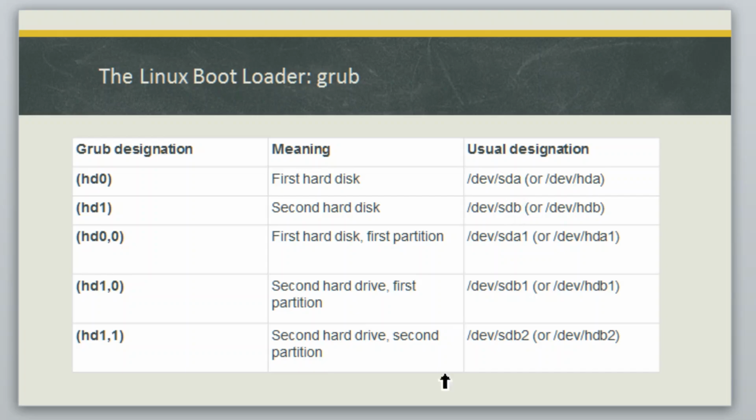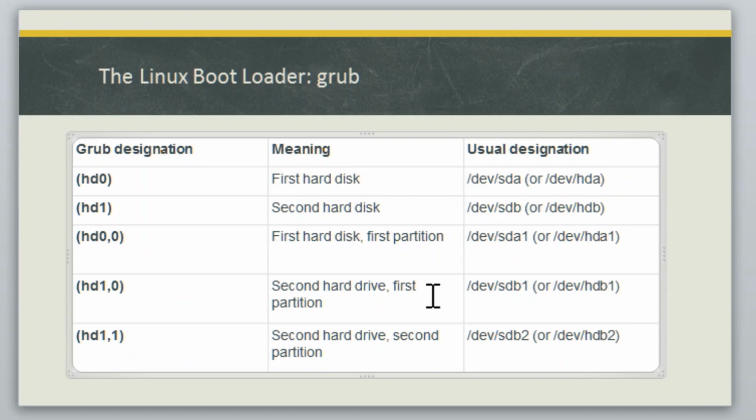Now, what happens if we have partitions on it? Okay. Well, here's an example. We have first hard disk, first partition. On GRUB, it's going to be HD0,0. However, on the machine, when you look it up, it's actually going to be /dev/sda1. So first hard disk, a, first partition, 1, or hda1. Okay. And we have more examples here.